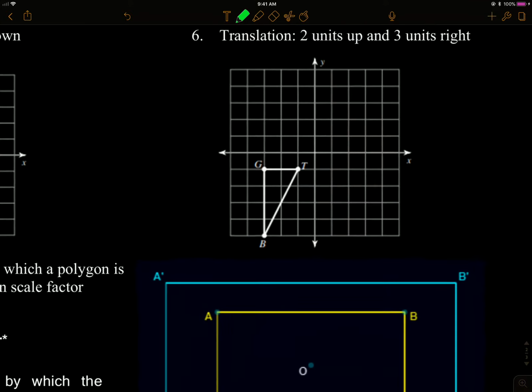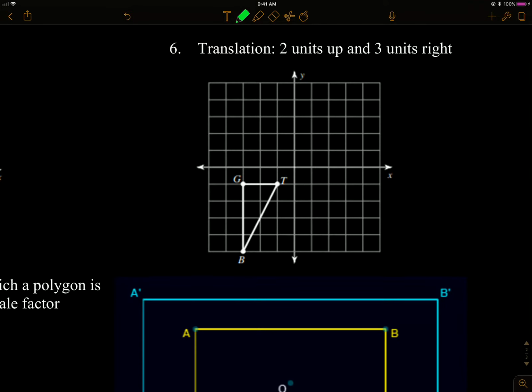We can do a composition of transformations, which means we want to do 2 transformations. So in this case, we're going to translate up and then 3 units right. And that might even be considered just one translation, actually. It's not a composition of 2 because it's only one translation. So we're going to move each point 2 units up and then 3 units right. That's G prime. T goes 2 units up and 3 units right.